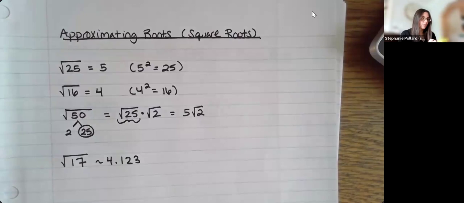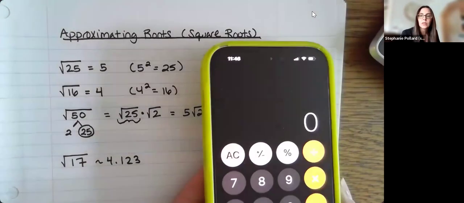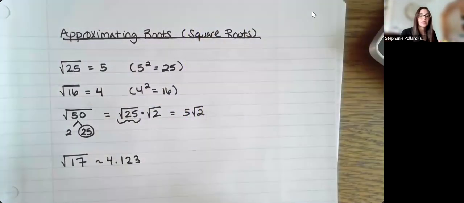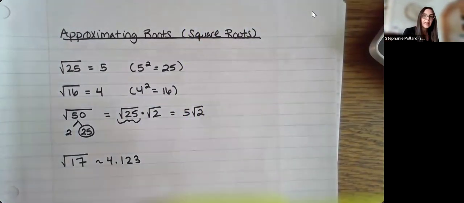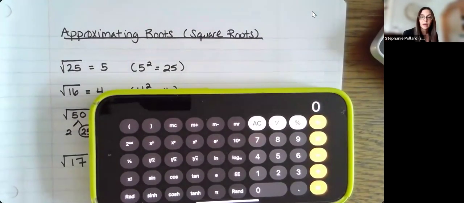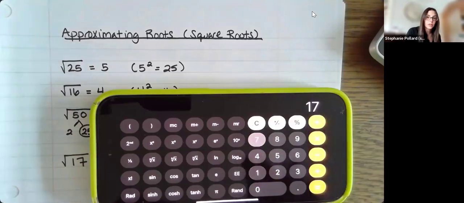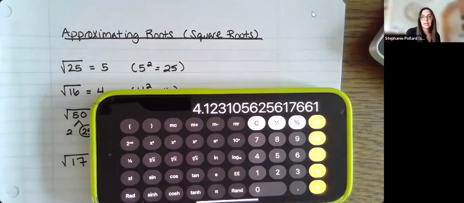Now, if you have another app, then again, it may work a little bit differently, of course. So here I have an iPhone. So this is just the iPhone calculator app. If you don't know this, you can turn your iPhone to the side and a larger calculator screen will open there. And the square root key is right here. So on the iPhone app, it has a little 2 with it to indicate a square root. And then they have cube root keys and etc. So for the square root key on this app, what you would do is type in the 17 first and then hit the square root key.